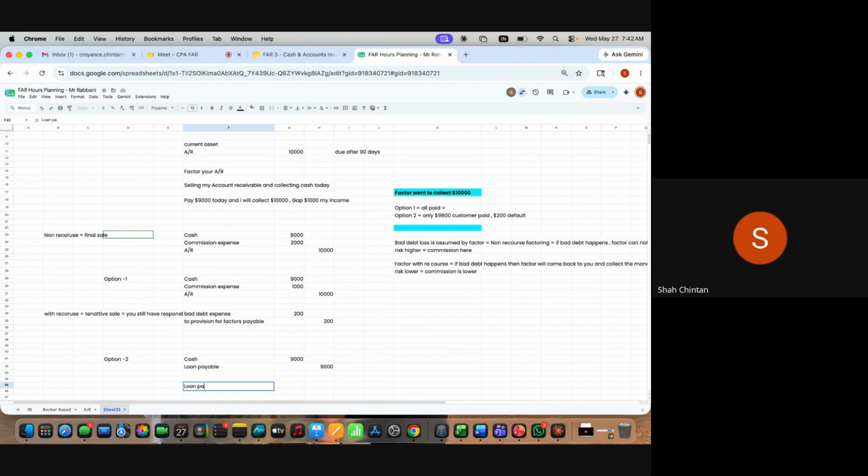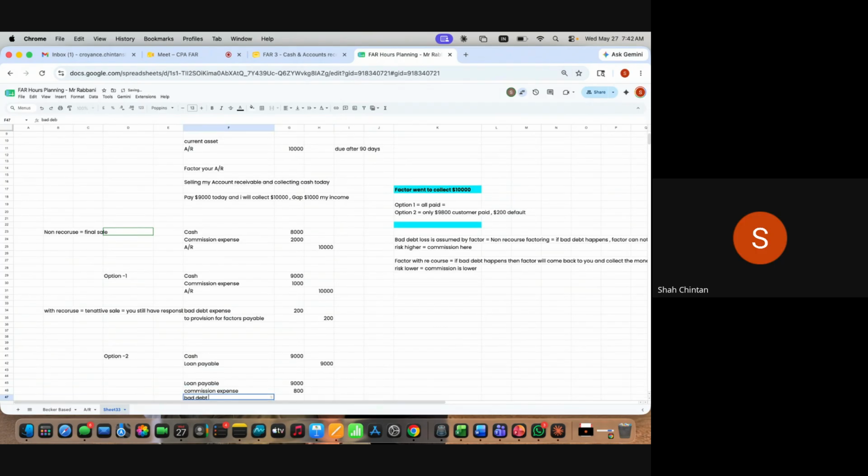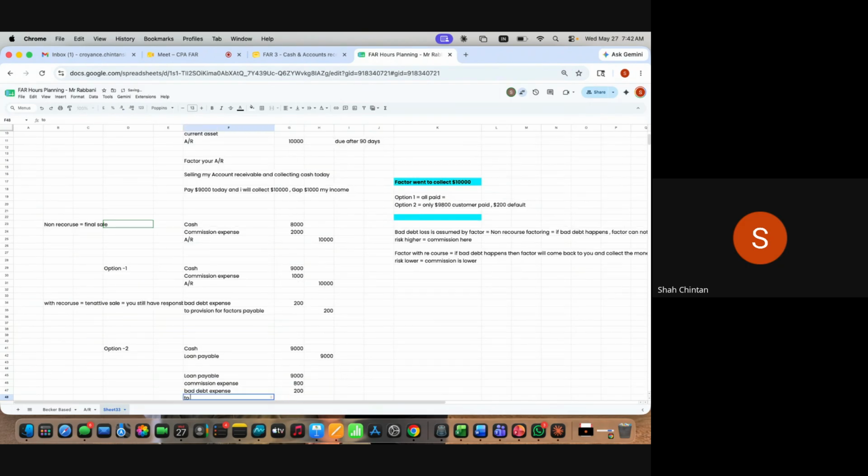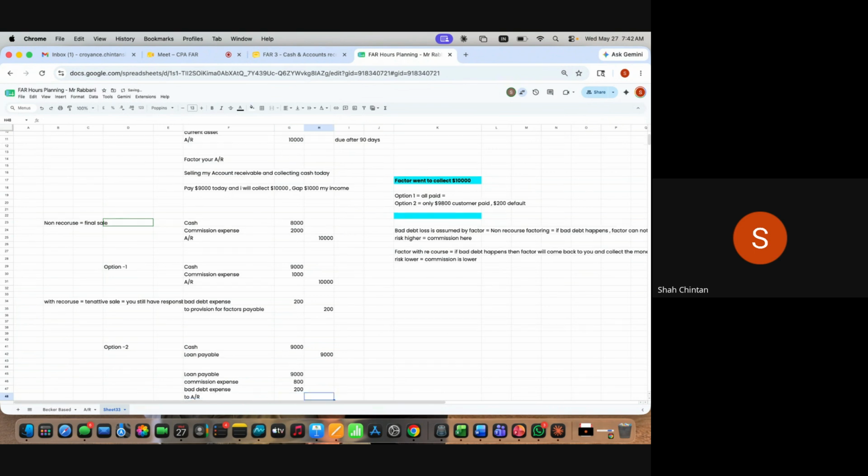So you reverse your loan payable account with 9,000. You have a commission expense account, which is 800. You have a bad debt expense, which is $200 who are defaulting people, to your accounts receivable, which is your $10,000.